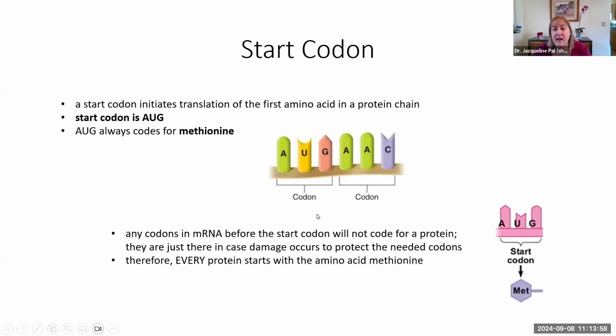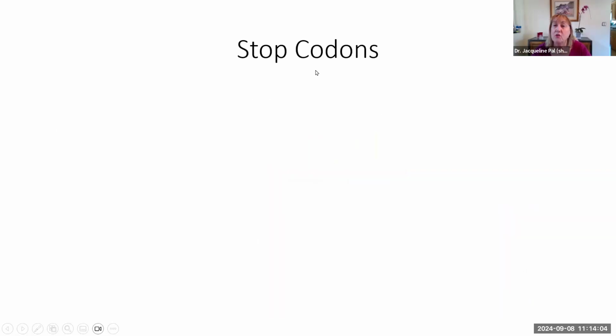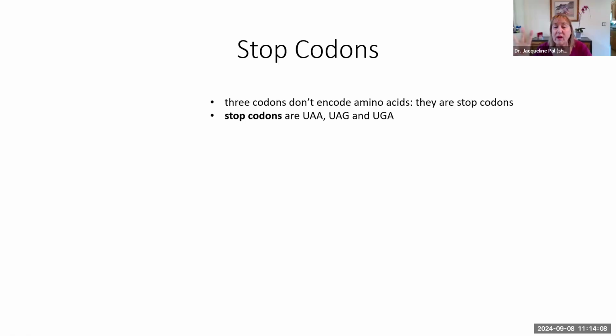And then the next codon will code for an amino acid. And this is going to keep on going until you get to a stop codon. And there are 3 codons that don't code for amino acids. They are stop codons: UAA, UAG, and UGA.